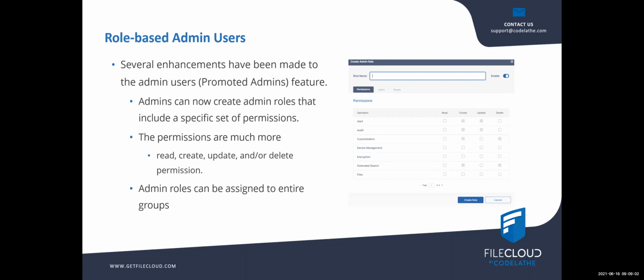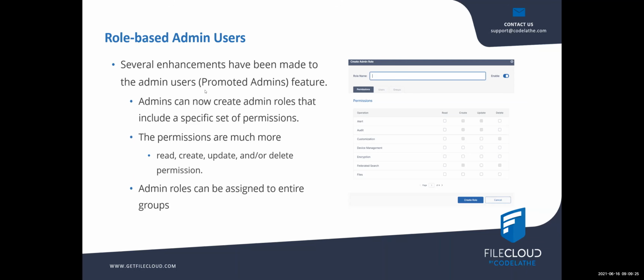That means you can allow a user to read, create, update, or delete on, for example, the audit records, customization, device management, encryption, all these sections that are available on the administrator user interface. You can now create a more specific permission set for your promoted admin users.